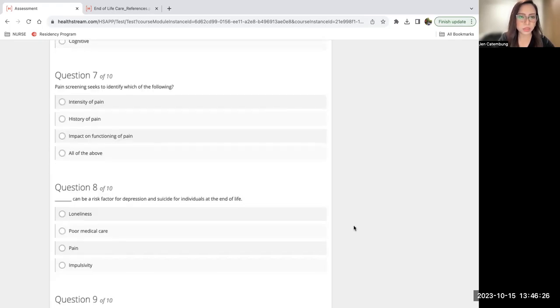Pain screening seeks to identify which of the following: intensity of pain, history of pain, impact of pain on functioning.